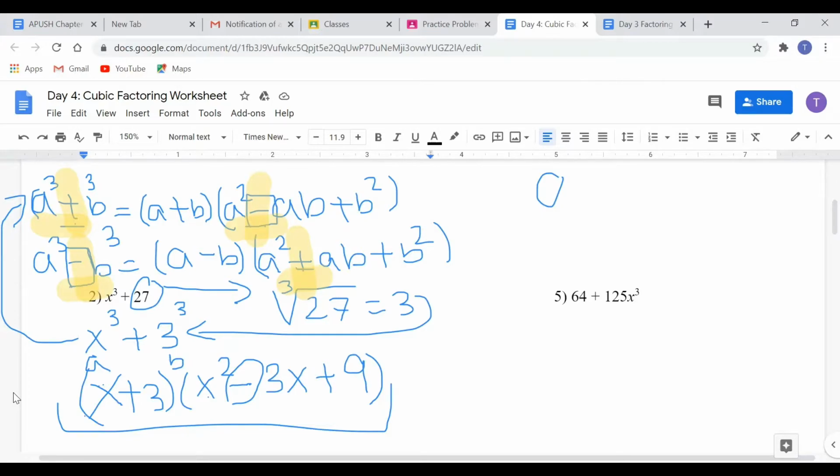Look here, Zerf. Let me actually tell you this. Look at the formula. The formula only has a and then b. No numbers, no coefficients, anything. The formula just has plain a and b, and those are raised to the third power. So whatever expression you were given, if you want to apply the formula for the sum or difference of perfect cubes, you have to make that expression look like this. It has to look like that in terms of the exponent.